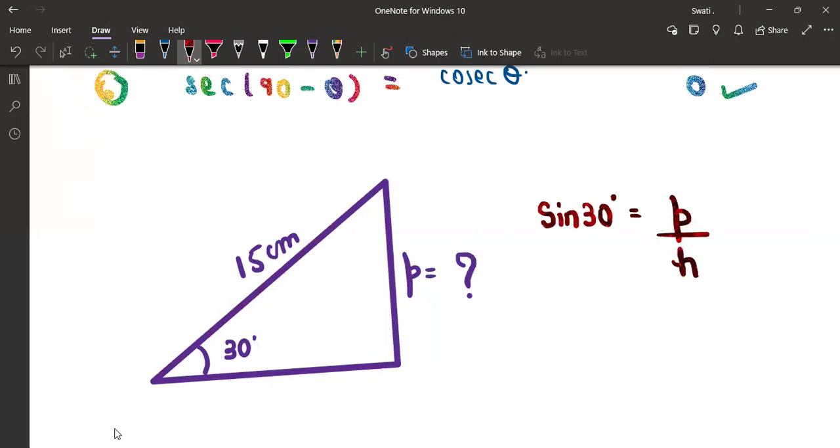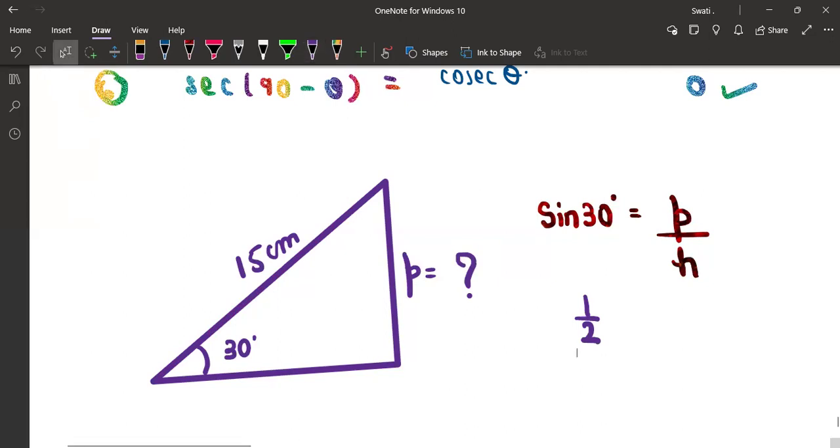Now below sine 30, do you not know the value of sine 30? What is the value of sine 30? Check in the formula table and tell me what is sine 30. Sine 30 was 0 or 1 by 2?